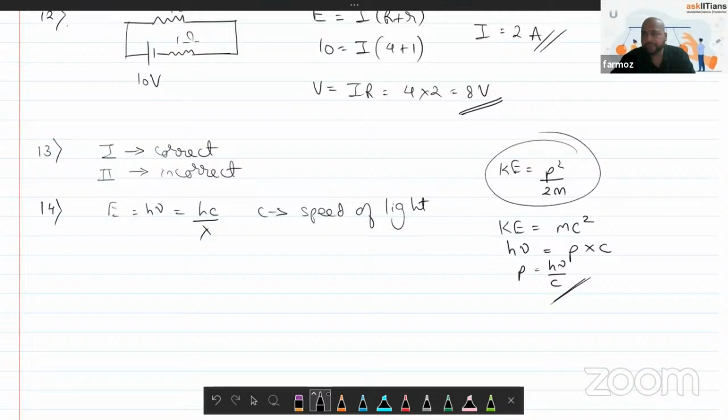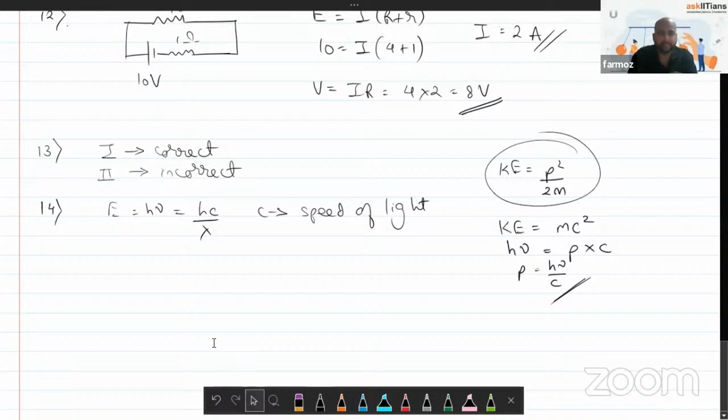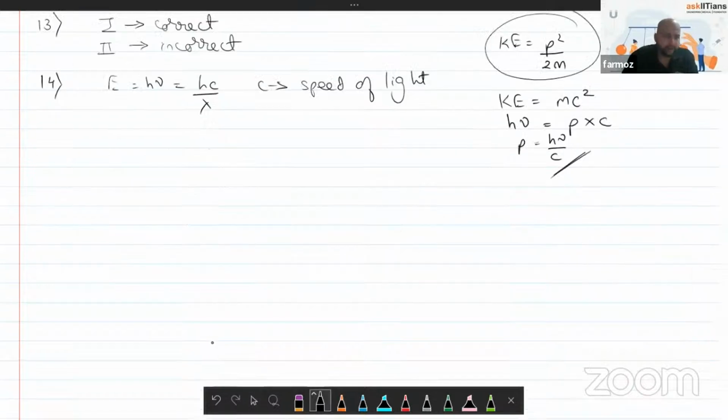Okay. Now, moving on to the next one, that is question number 50. Now, see, when I'm talking about this question, what they have stated over here is the spectral lines of hydrogen for transition from n2 is equal to 3 to n1 is equal to 2.